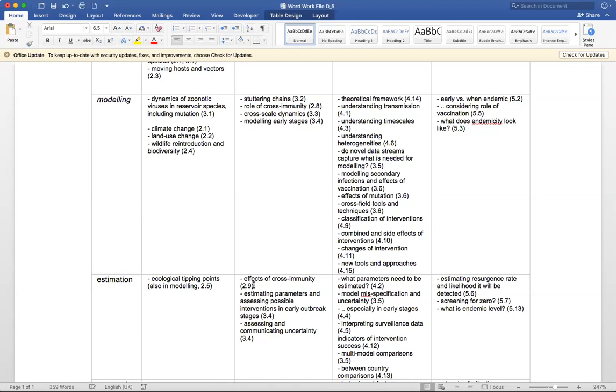I think some of the data bearing on this are that if you take samples from people in the wildlife trade, let's say in China, you find they've got an astonishing number of antibodies for all sorts of different pathogens they've picked up at some point.